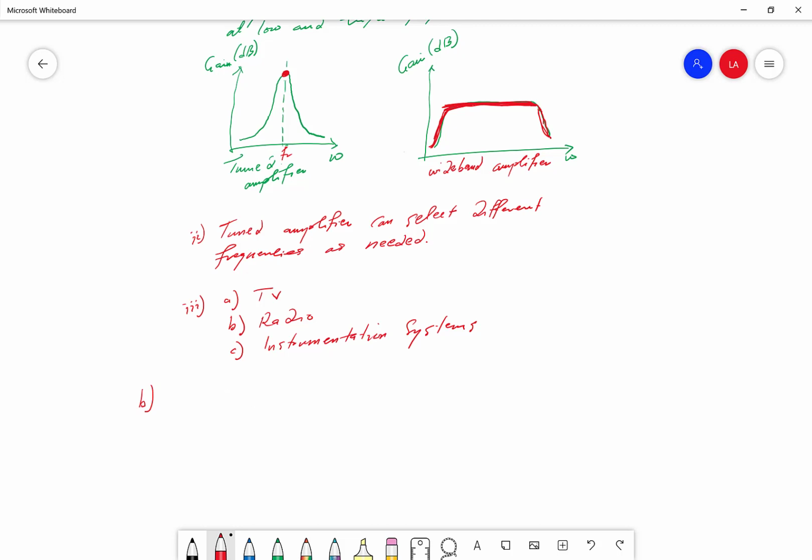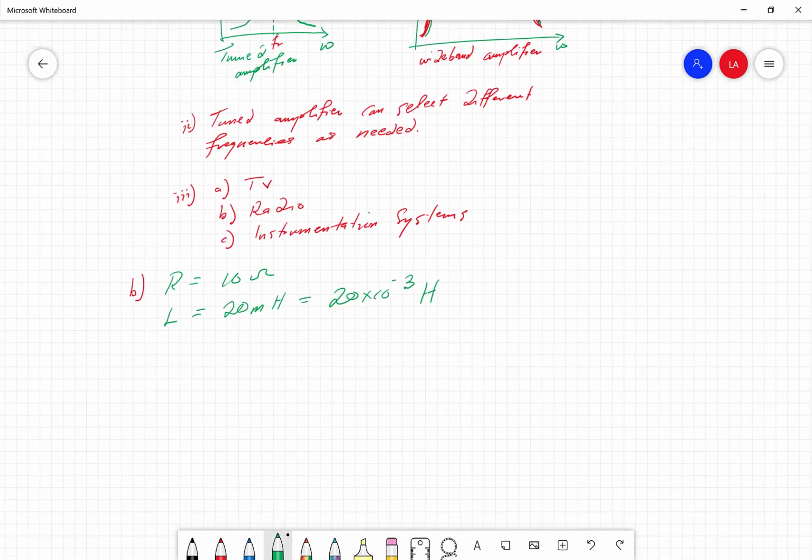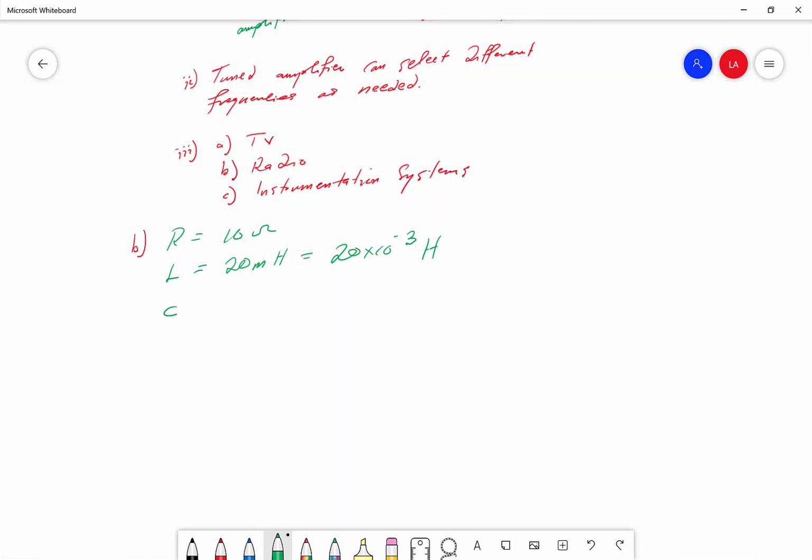So we have our resistor R equals 10 ohms, and then we have our inductor, which is 20 millihenry. So 20 millihenry is the same as 20 times 10 raised to the power minus 3 Henry. Okay, and then we have our capacitor equals 0.05 farad.